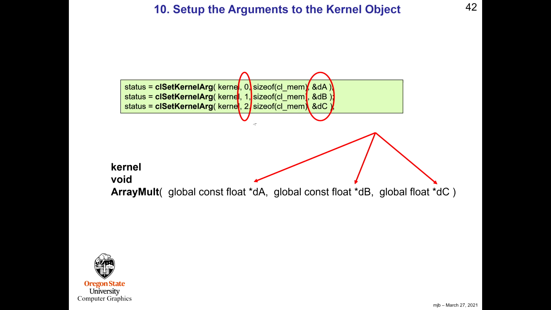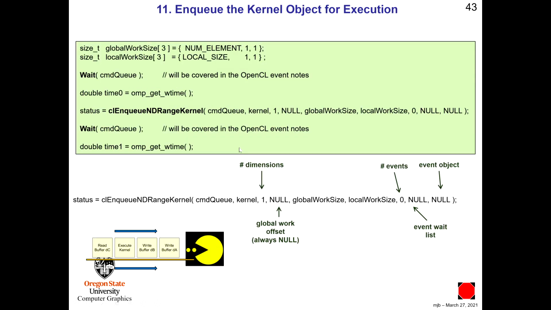So here you have to set up the arguments. Okay. Oh yeah, dA, that's the first argument. dB, that's the second. dC, that's the third. Okay, again, the C program does not get to look at the .cl file, and so you have to tell it something about what is in the .cl file.